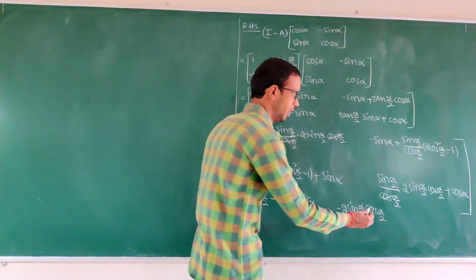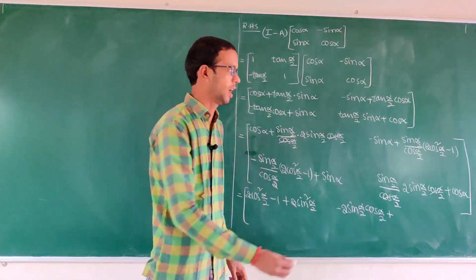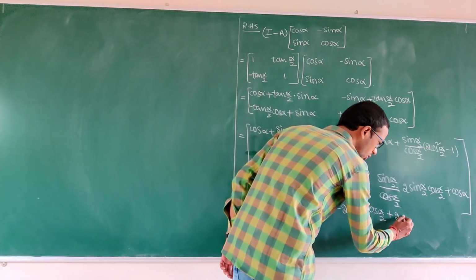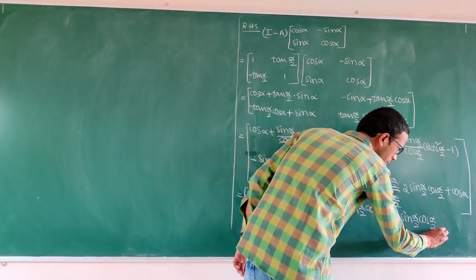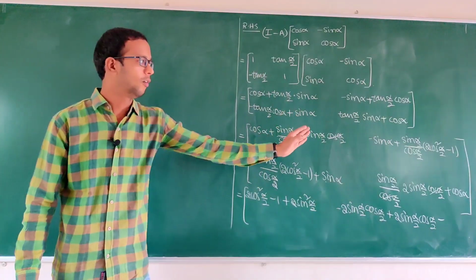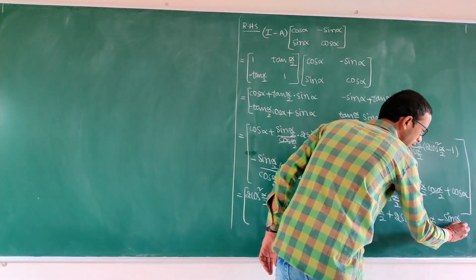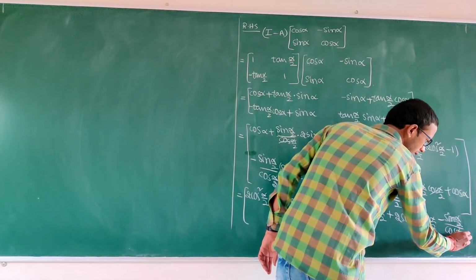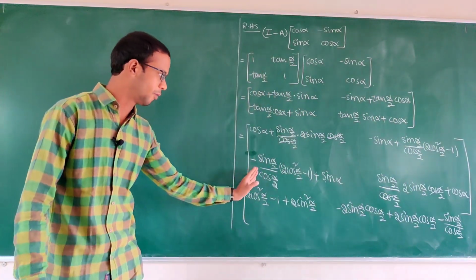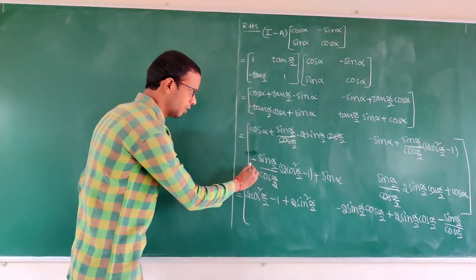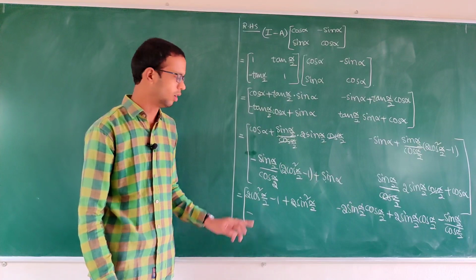Next, multiply inside. If you multiply inside, cos alpha by 2 cancels, remaining is 2 sin alpha by 2 cos alpha by 2 minus 1 into the total, what will you get? Sin alpha by 2 by cos alpha by 2 as it is. Next, if you multiply inside here also, minus is there, cos alpha by 2 cancels.